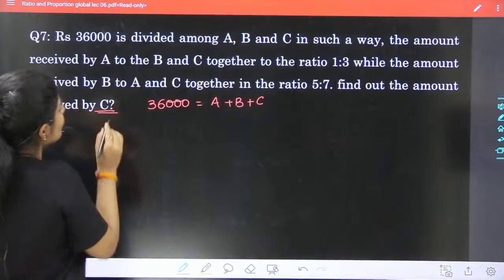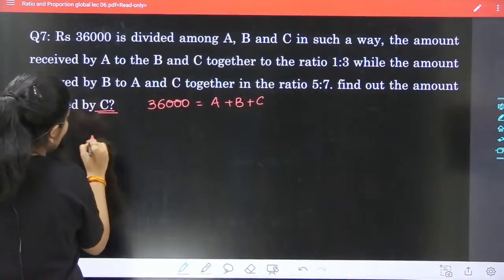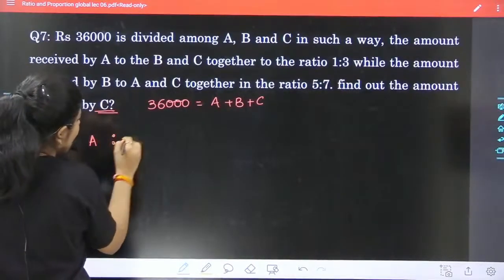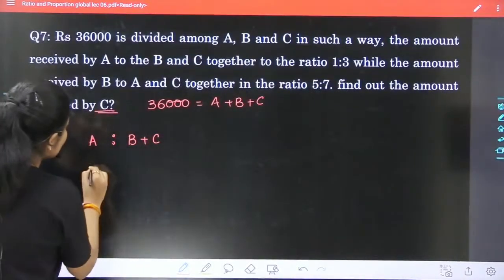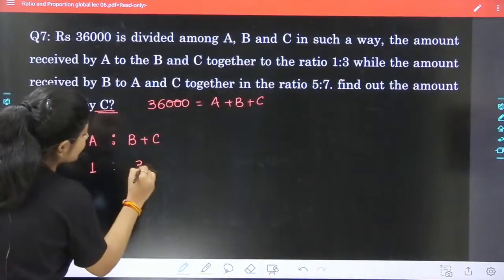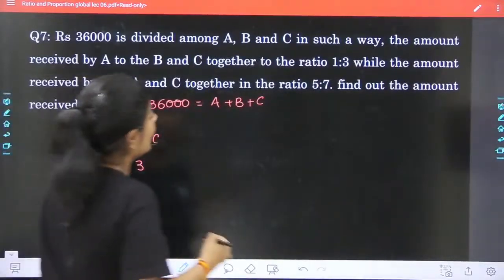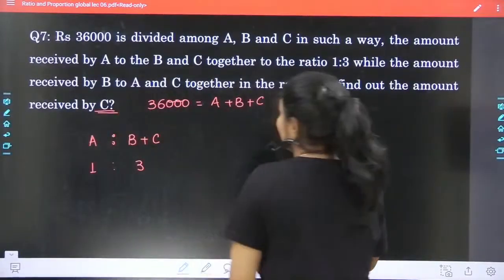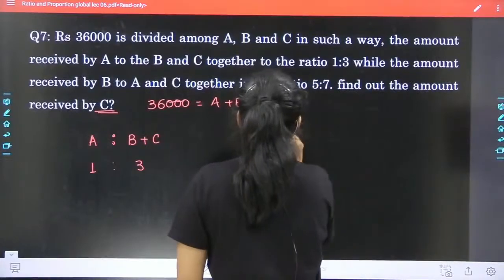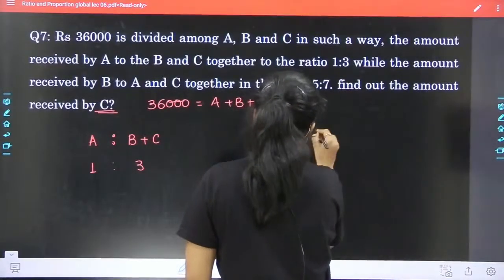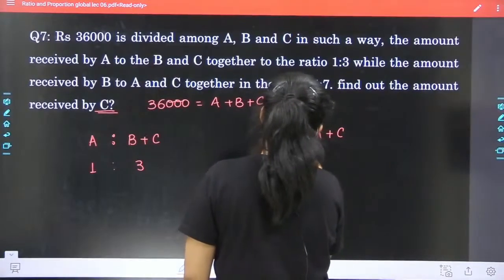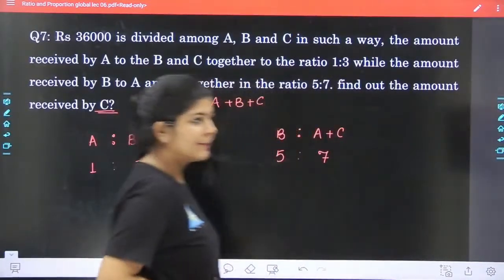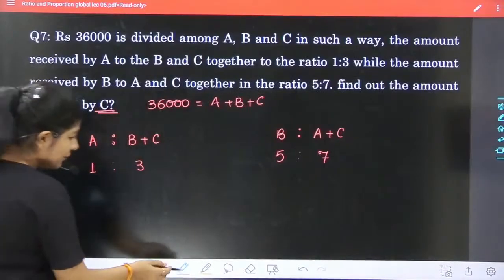And as per the question, it is given that the amount received by A and B plus C together is in the ratio 1:3, right? And here we have another ratio, the amount received by B to A and C together, that is in the ratio 5:7, right? Very good.